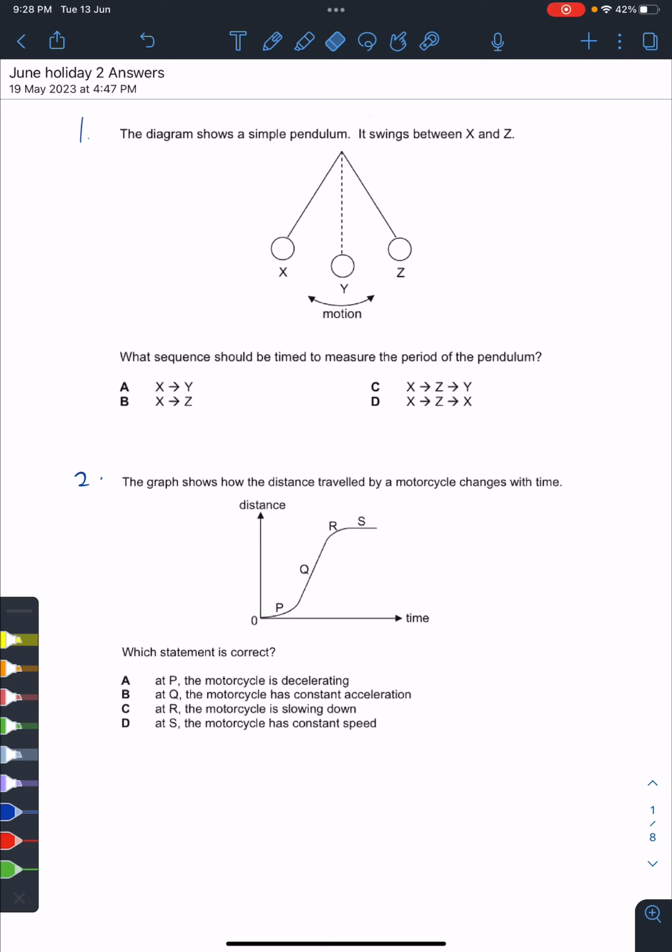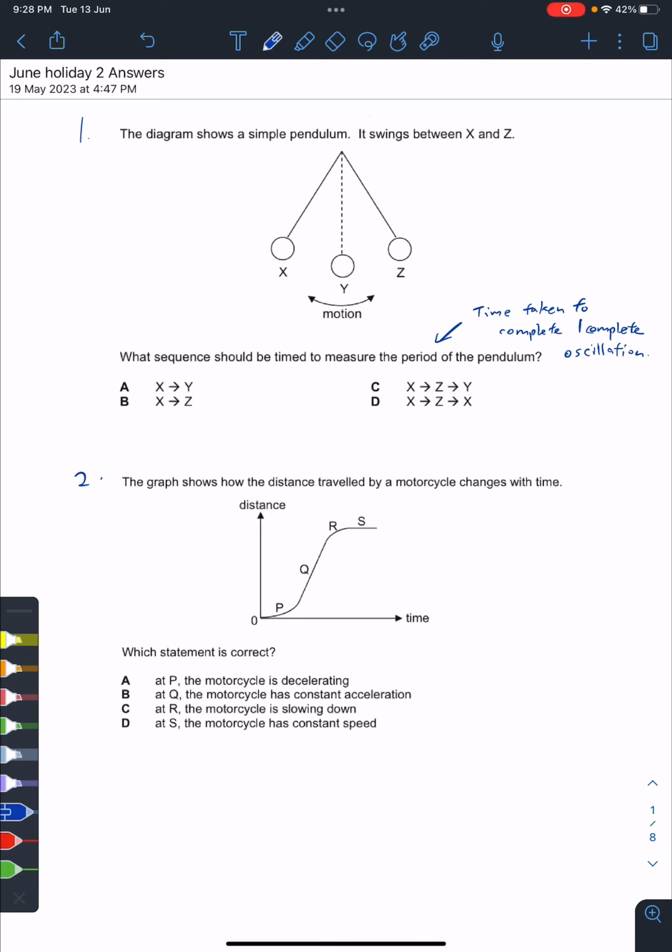Period is basically your time taken to complete one oscillation. Then you might be thinking, what in the world does a complete oscillation mean?